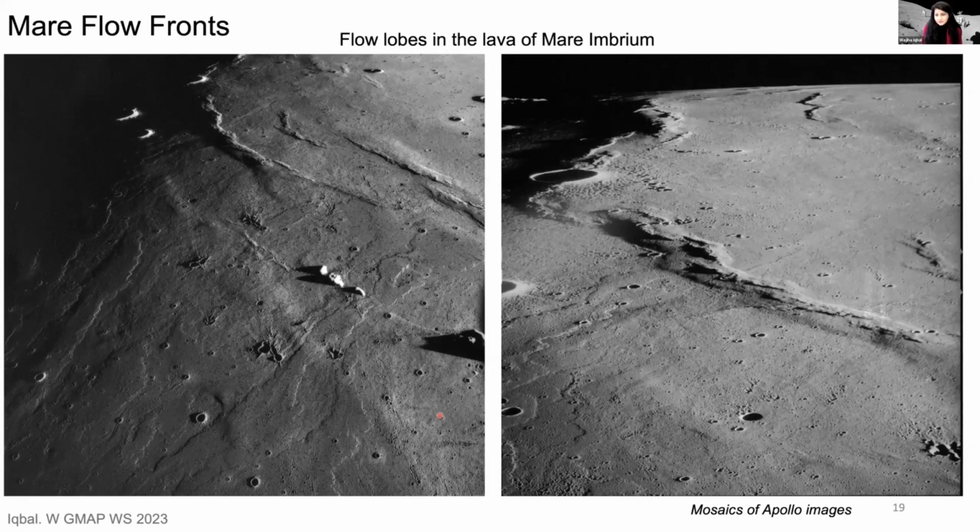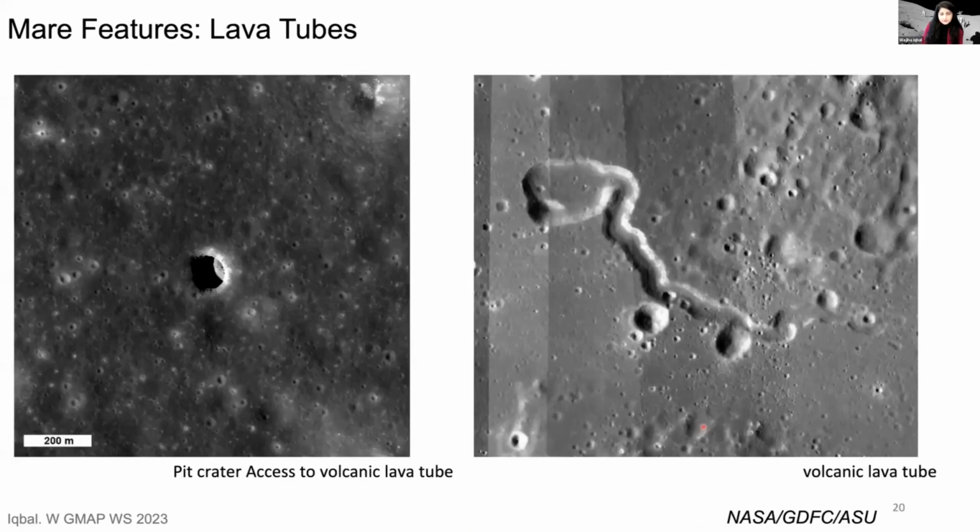Here is an example of Apollo images where we can see some of them. You can see that they are different from wrinkle ridges. They are more low-lying and flatter than wrinkle ridges, which I will also explain later.